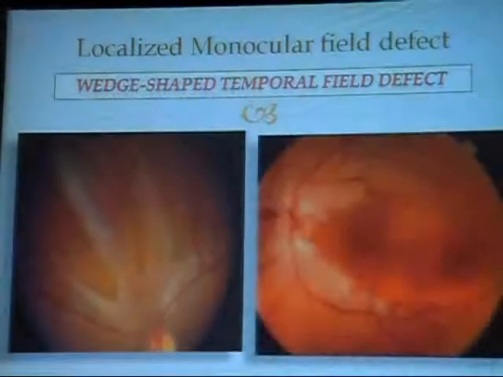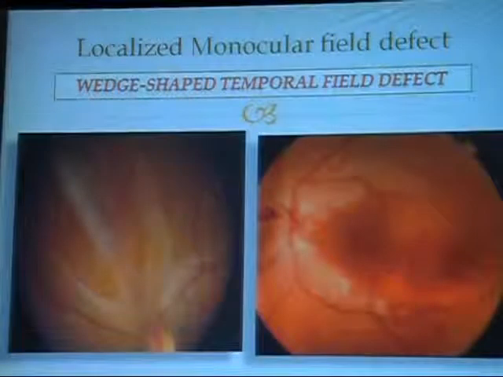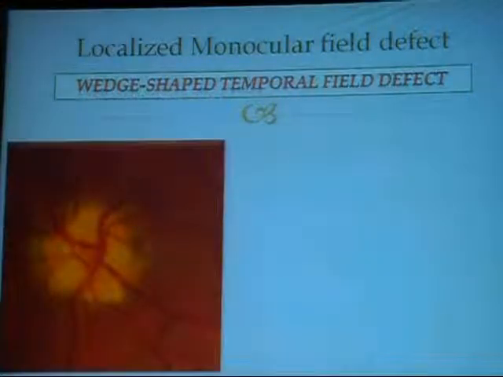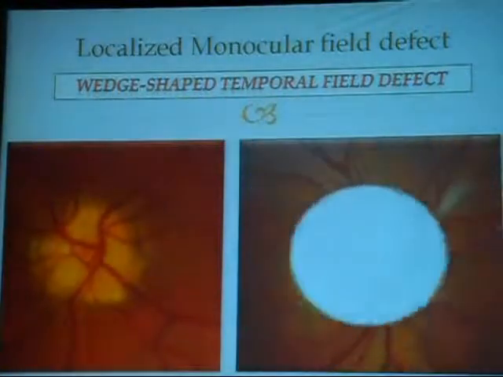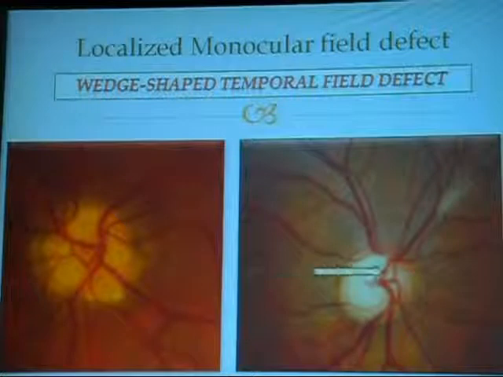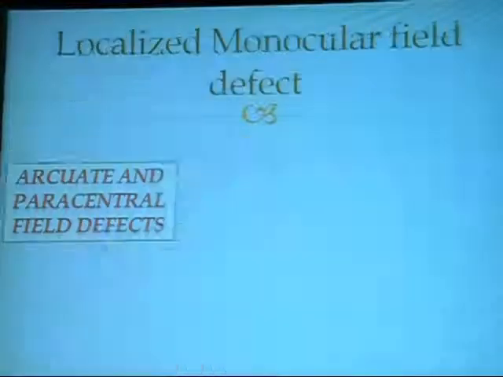It could result from occlusion of a branch retinal artery or vein that supplies the nasal field, which is rare but can occur. Also optic nerve head drusen, and of course glaucomatous optic neuropathy, which is very unique, as Professor Mustafa said. We can find some notching in the nasal part of the optic nerve head that leads to such an effect.